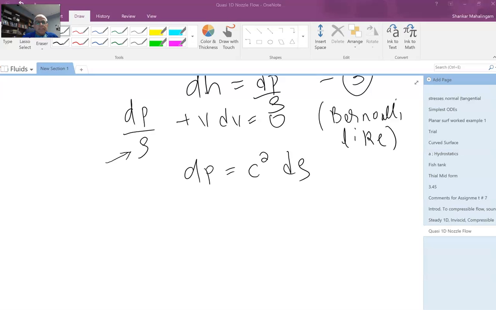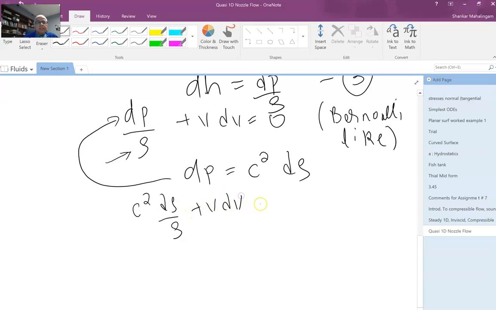I'm going to take this expression for dP and stick it in the equation above, and let's see what we get. dP can be replaced by c squared d rho, divided by rho, plus V dV equals 0. Or I can solve for d rho over rho: it's going to be negative V dV over c squared.